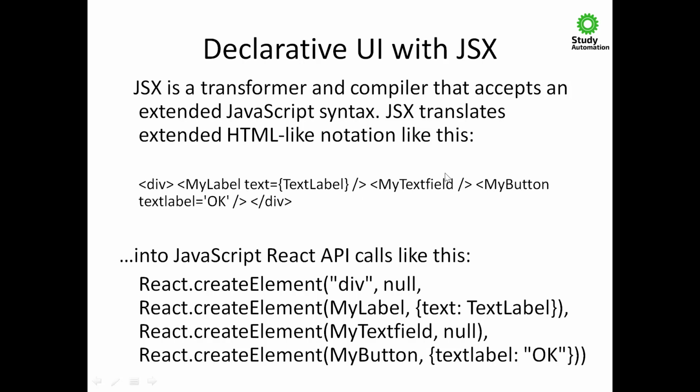We are closing this text field, so my text field is one of the components which starts and ends here. Then my button, text OK. Once we compile, the JavaScript React API calls look like this. For each element it will create a React element: div React element, my label, and then the attribute, text field, my button. These things will be appended to the actual real DOM.